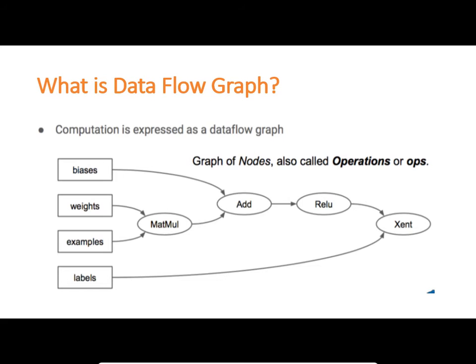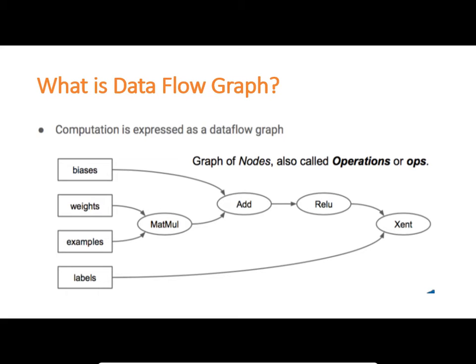And next, let's see what is a data flow graph. I think the data flow graph is the cool part of TensorFlow, and all the computation can be expressed as a data flow graph. There are two main components of the data flow graph, and the first one is the nodes.